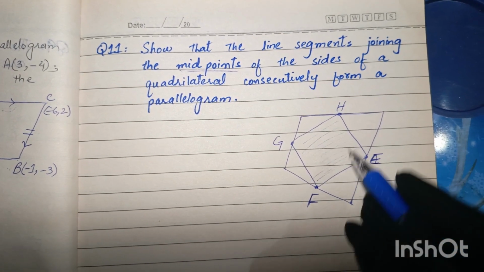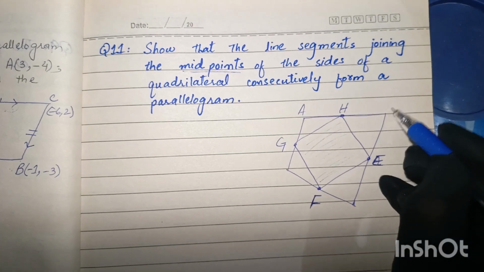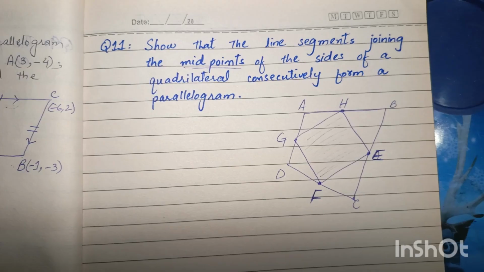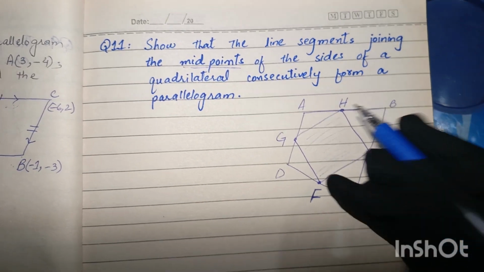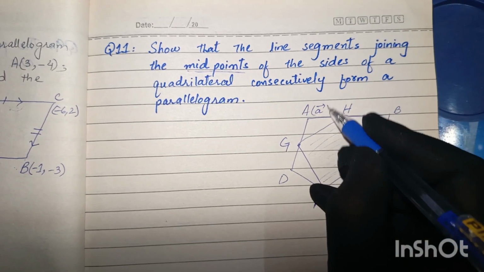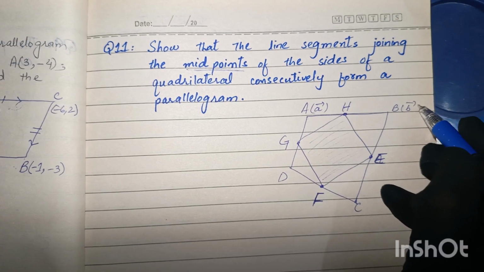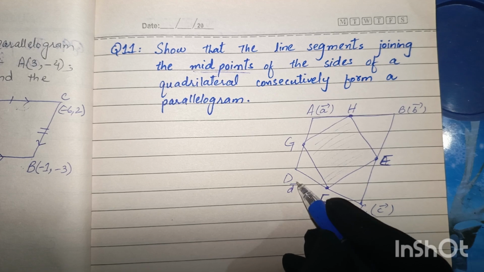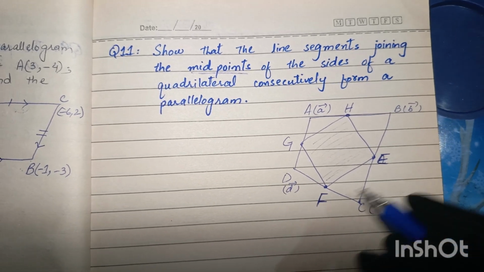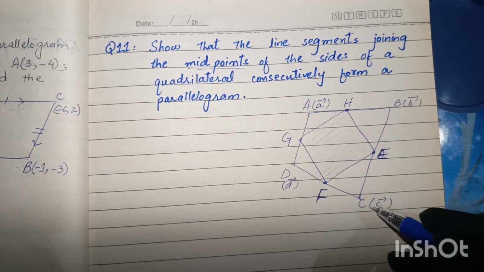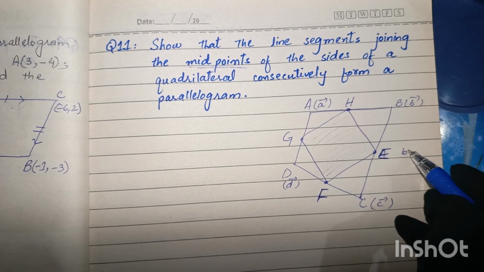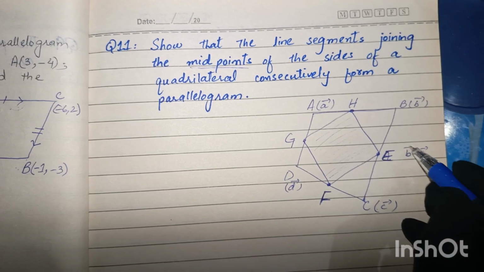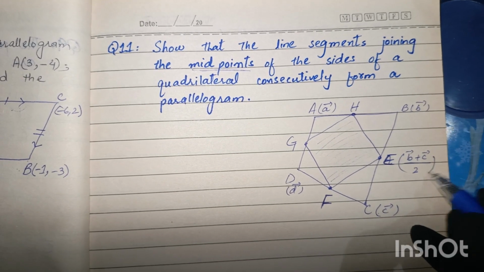First of all, name the quadrilateral as A, B, C, D, whose position vectors are small a, small b, small c, and small d. Since E is the midpoint of BC, its position vector will be (B plus C) divided by 2.